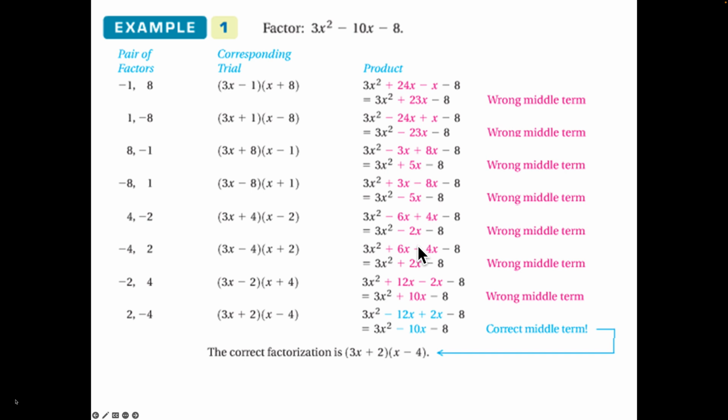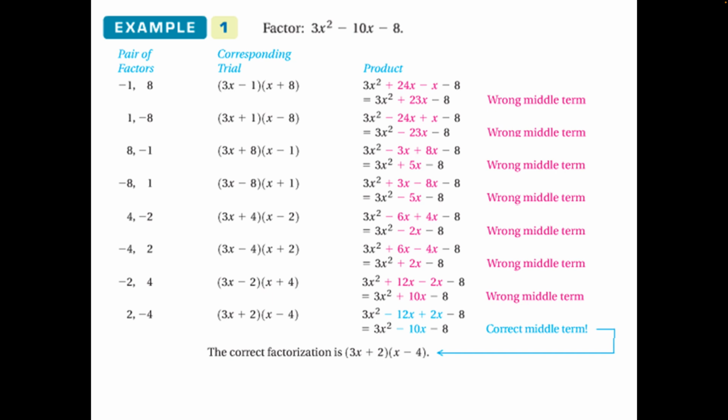Now, some authors or books, I'm not going to cut around the chase here, are stupid. This is actually in a book. They said factor 3x squared minus 10x minus 8. And they said you're going to do trial and error. What? Guess and check?